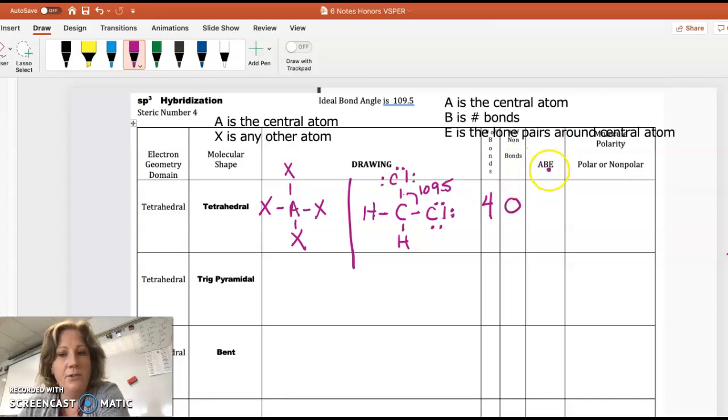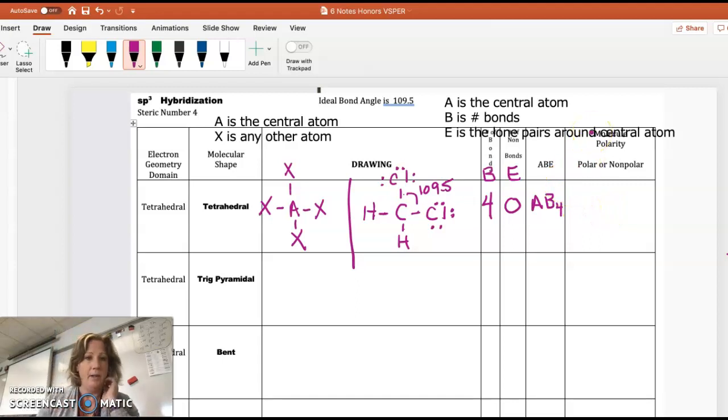There's also a notation called the ABE notation, where A is the central atom, so you'll always have an A. B is the number of bonds, so in this case it would be B4. And then there is no E, because E would be unbonded electrons, and there aren't any. And then we're going to leave this column till later when we cover a different concept, but leave that open in your notes because you'll want to go back.